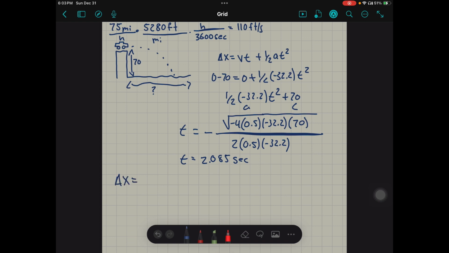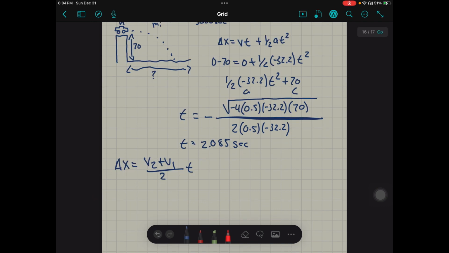So now that we got the time, we can use this formula, which is the change in x equals v2 plus v1, divided by 2, times t. The reason we use this formula is because velocity in the x direction isn't changing. We're just going to take the average of the two velocities. Because it's just going off of a horizontal, we can use this formula.